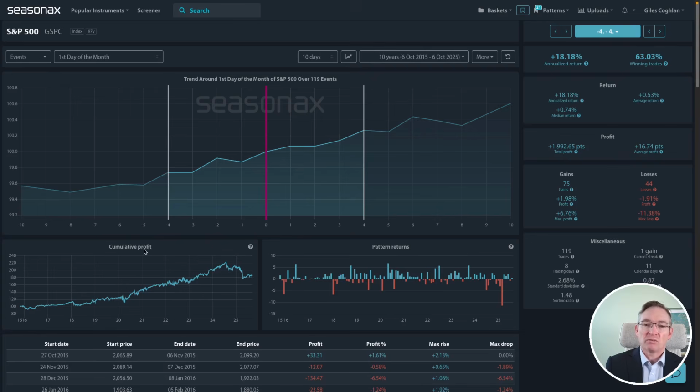And this cumulative profit chart shows you how these cumulative profits stack up, highlighting how the turn of the month has historically delivered outsized performances.